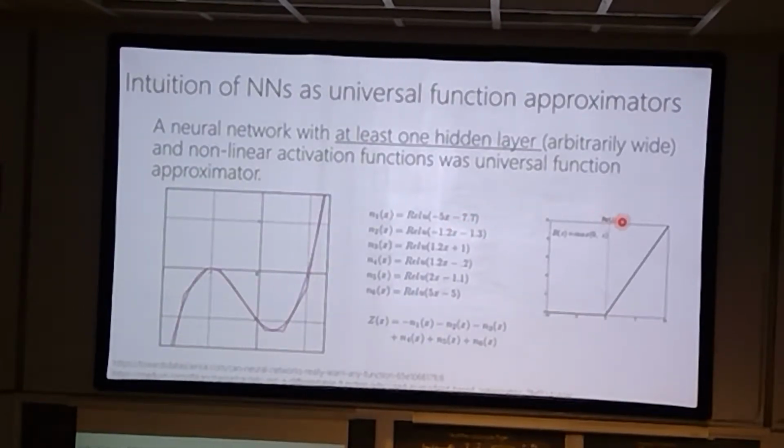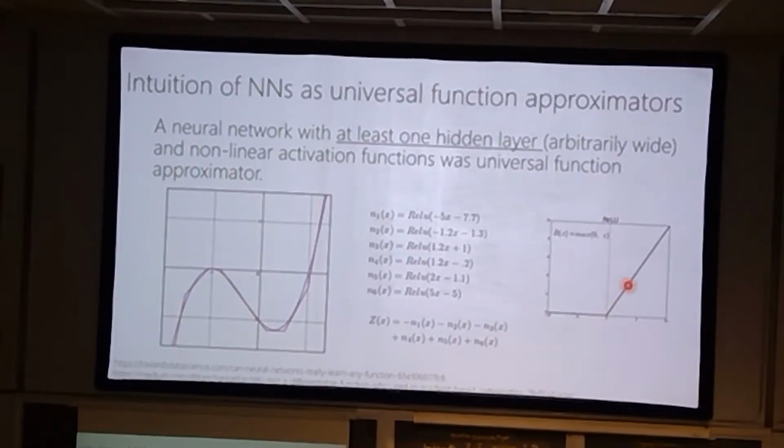It's a ReLU, which stands for rectified linear unit, and it's basically max of 0 and z. What that means is that it's linear above 0, and then it's just 0 below. Depending on what you put in here, you can shift these around and change the slope. So each ReLU gives you something like this, where it moves around and the slope changes.